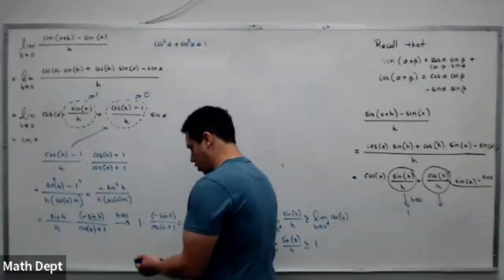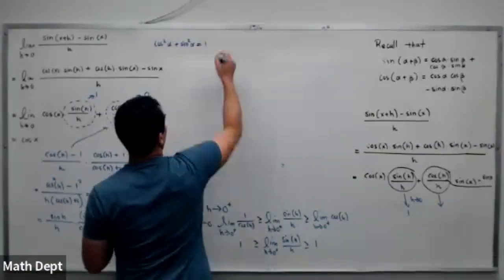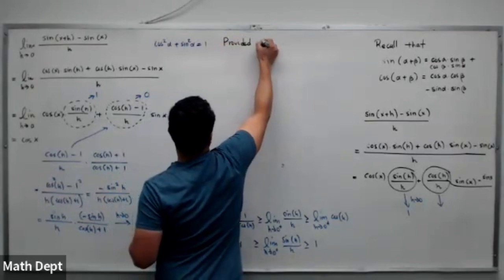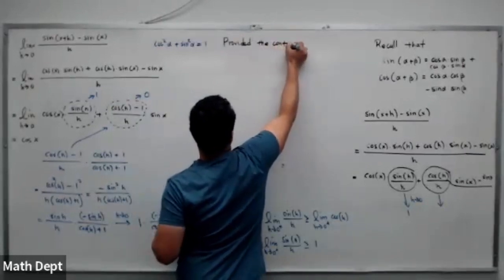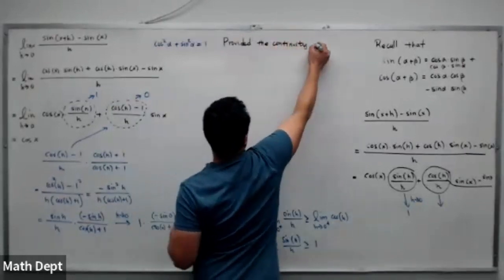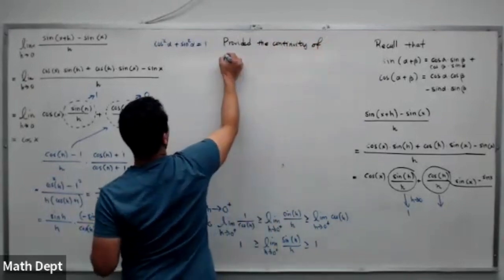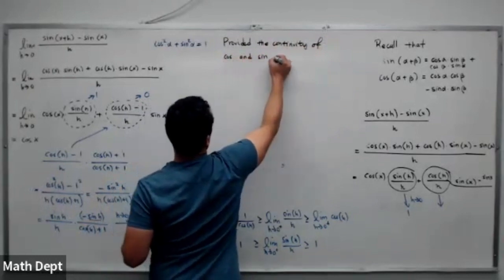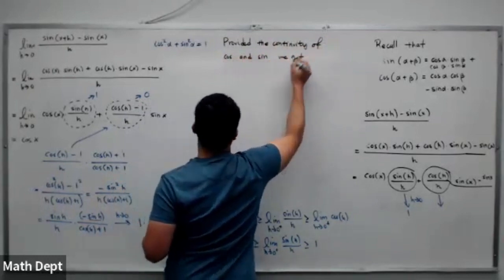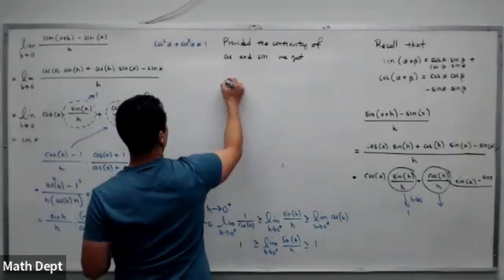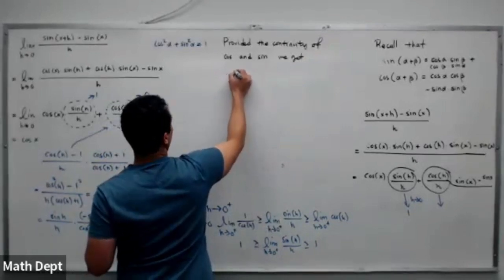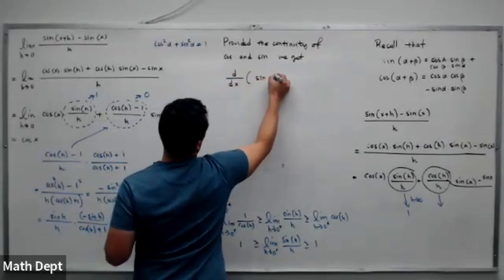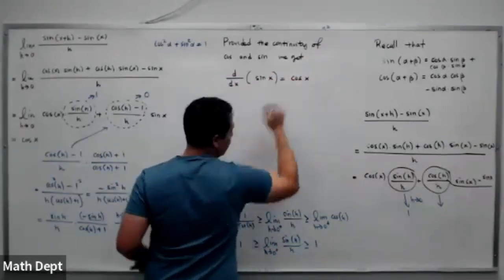But I have to express it here, provided the continuity of cosine and sine, we get that the derivative with respect to x of sine of x is cosine.